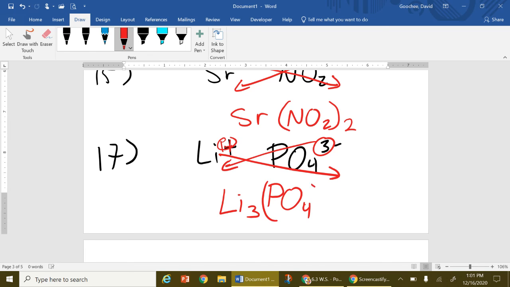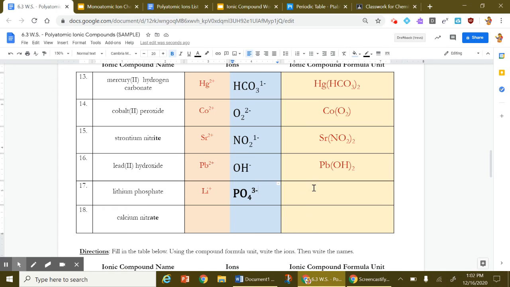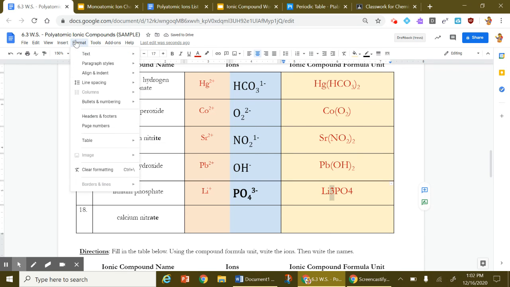Again, if putting this in parentheses helps to remind you that this is like a sacred bond right here, and this PO4 is not changing, do what you got to do. This is 3 lithiums and a single phosphate. Li3PO4. All right, this is Li3PO4. This is the formula of lithium phosphate.